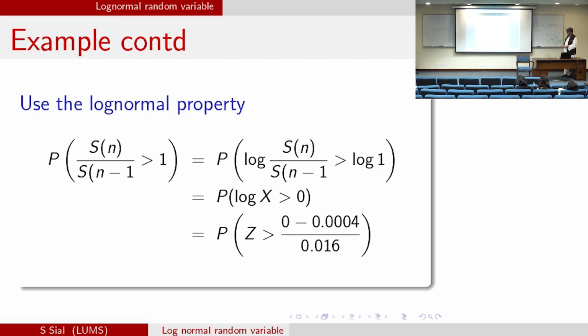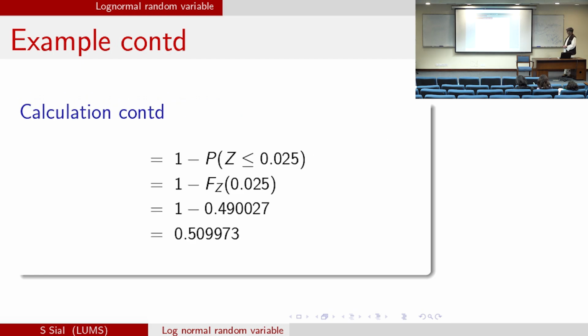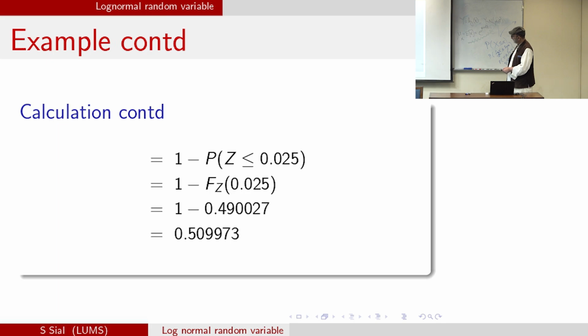So that's the probability that z is bigger than this number, whatever that is. Then you read off of a z table. Since this is bigger than, you want 1 minus the probability that it's less than. You read that off of a z table, and you get this.